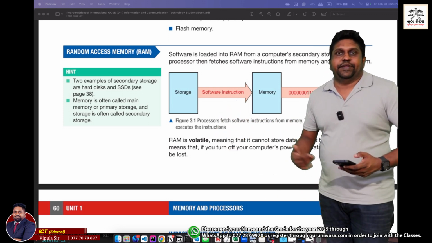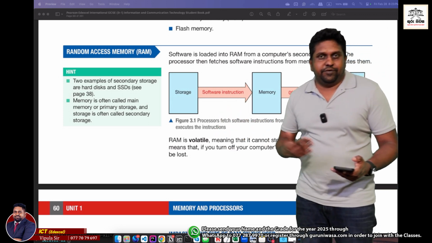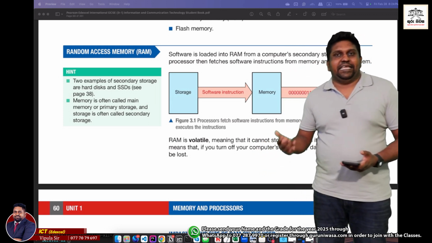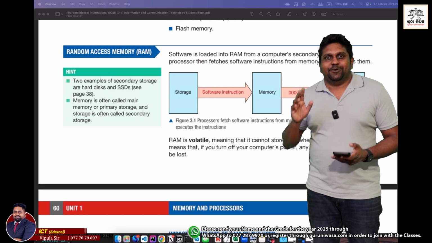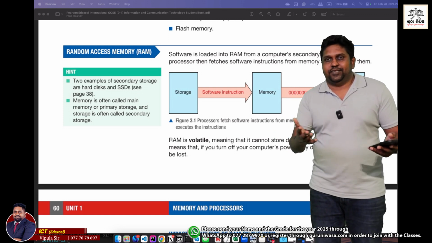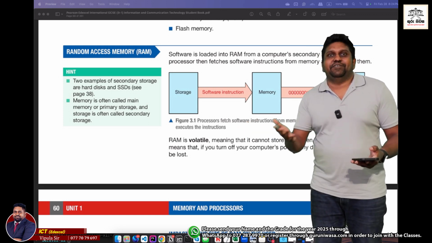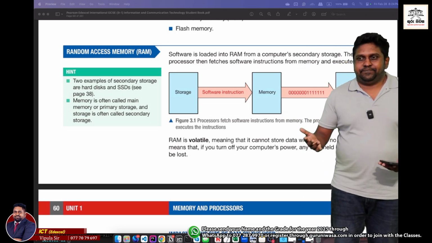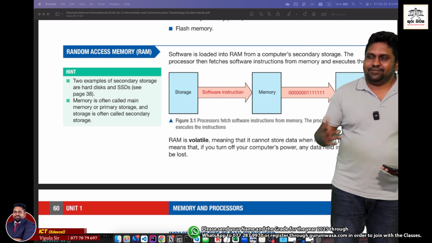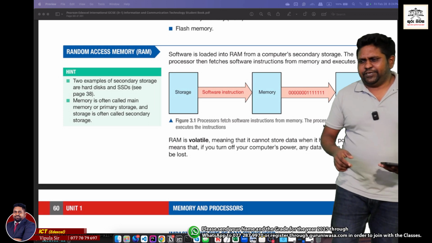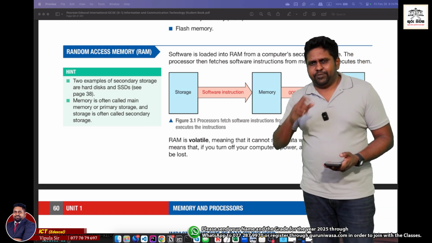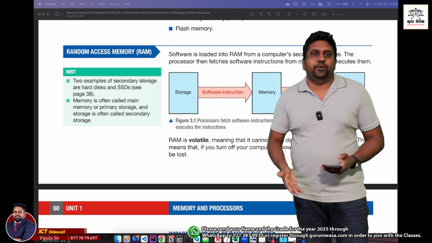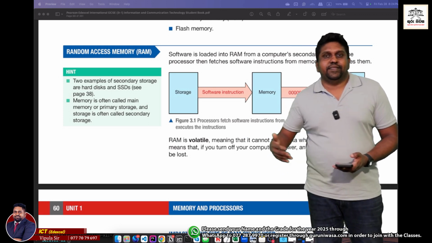You have a video file downloaded on your laptop or computer, and when you double click and open it, let's say you're using a player like VLC. What do you have on Windows? You have Windows Media Player, or if it is on a Mac, you have QuickTime. Likewise, there are different players.